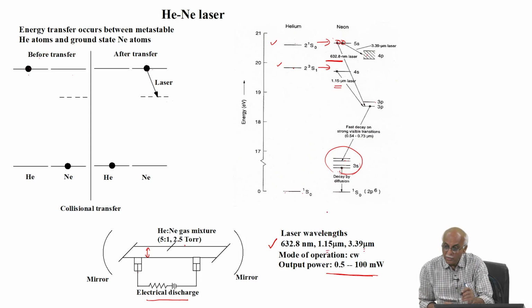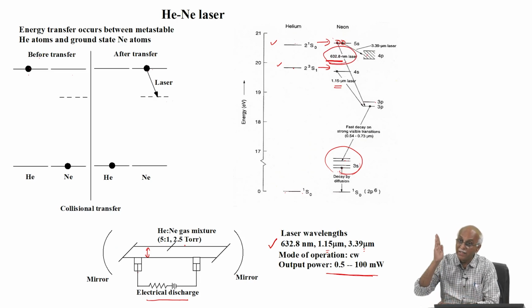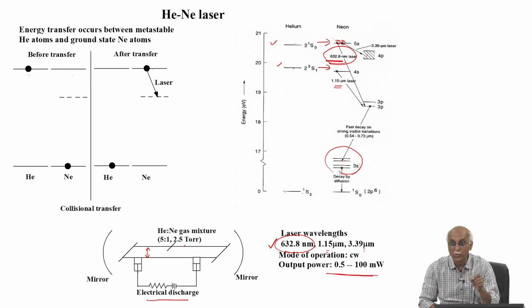However, the prominent outcome is that corresponding to the red light. So, the helium neon laser has a red color output at 632.8 nanometer, and it is very well defined in terms of a particular frequency, with a very specific wavelength of 632.8 nanometer.